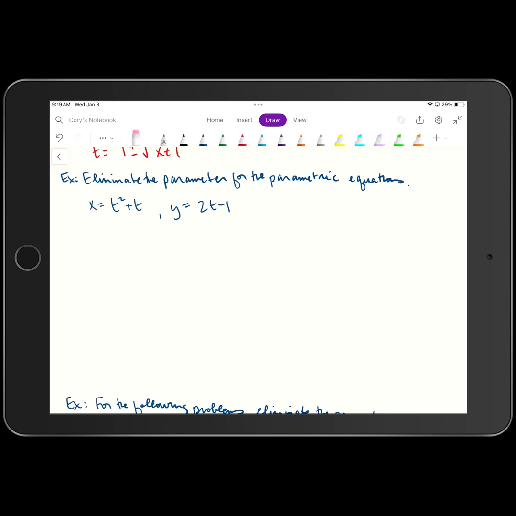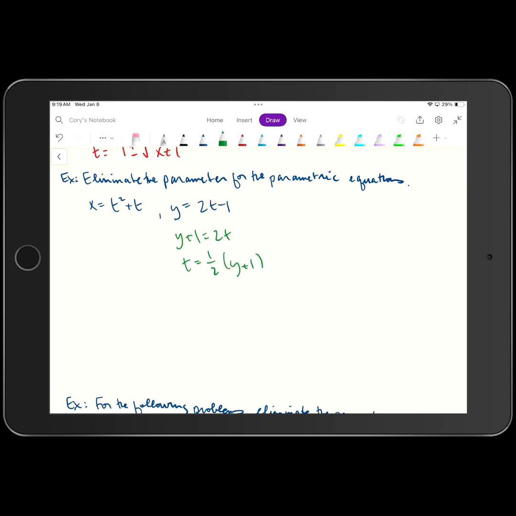So the easiest equation for us to solve for t in is the equation on the right. When we isolate t, we're going to get y plus 1 equal to 2t. And then I can multiply both sides of that equation by 1/2, which makes t equal to 1/2 the quantity y plus 1.